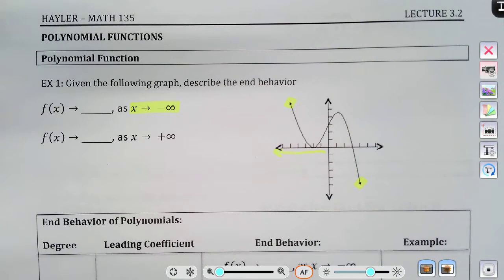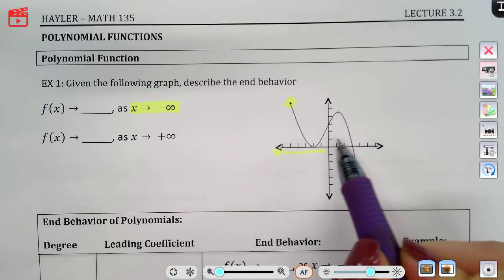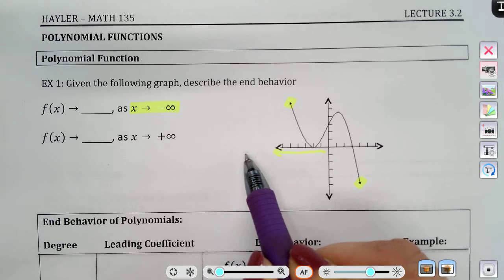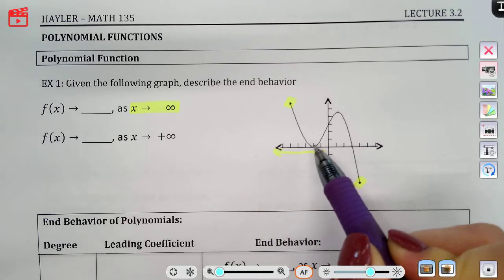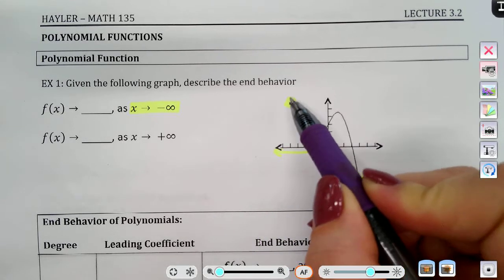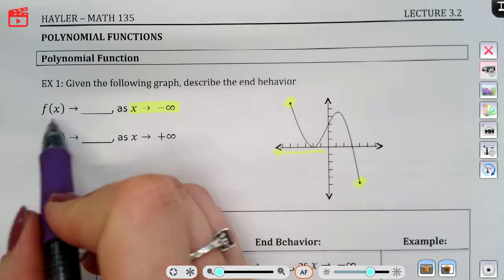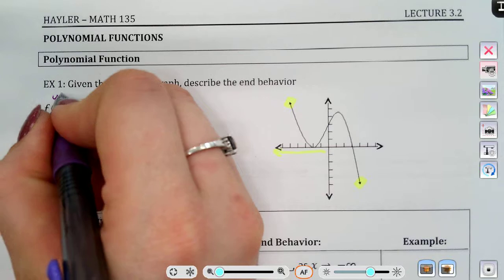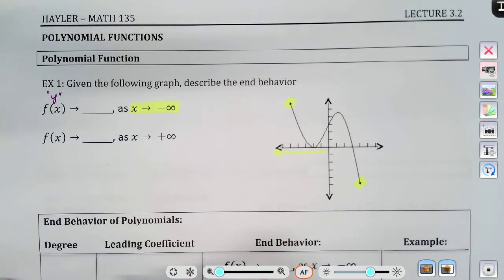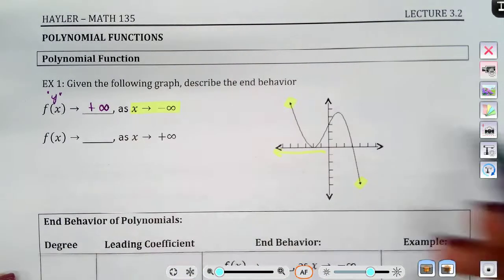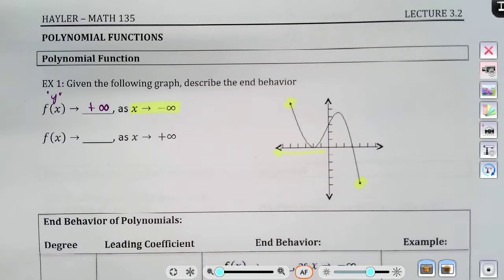Looking at our graph here, as my x values get smaller and smaller, heading towards negative infinity, my y values go up, up, up to positive infinity. So how we'd write this is, f of x, remember, these are our y values, heads towards positive infinity as my x values head towards negative infinity. Let's look at the other option.